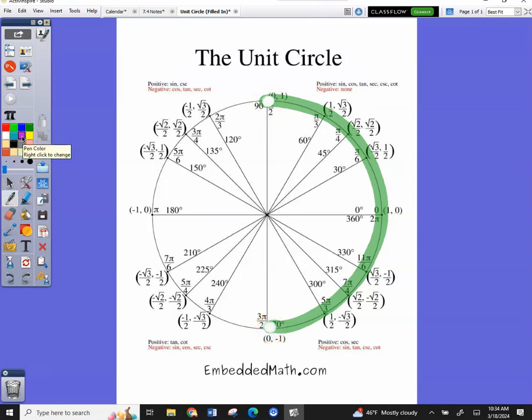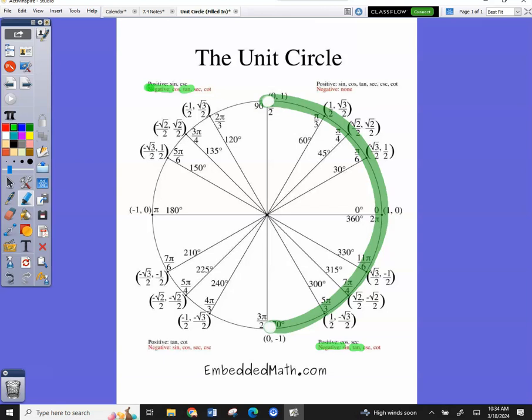And now let's highlight, maybe I'll do a bright green, where tan is negative. Well, in quadrant 1, tan's positive because that's positive divided by positive. Tan's negative here, right? What about here? Negative tan. So now we know that we're answering from here because this is where tan is negative.